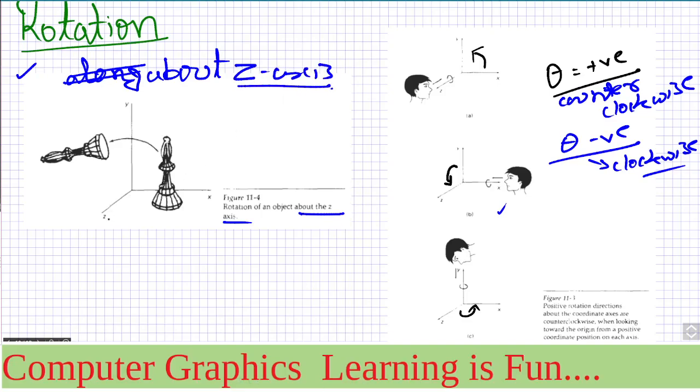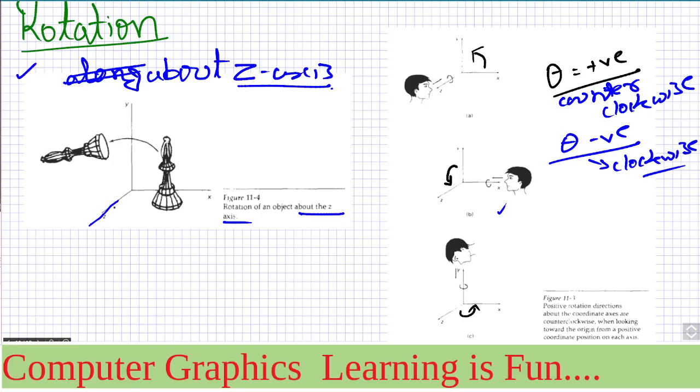Whatever the object was, the z axis was there, and keeping this z axis in mind, the object is rotated from x to y.